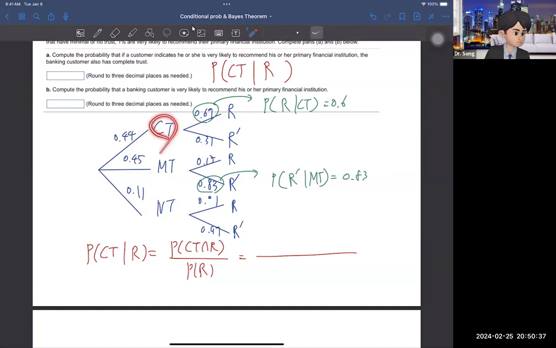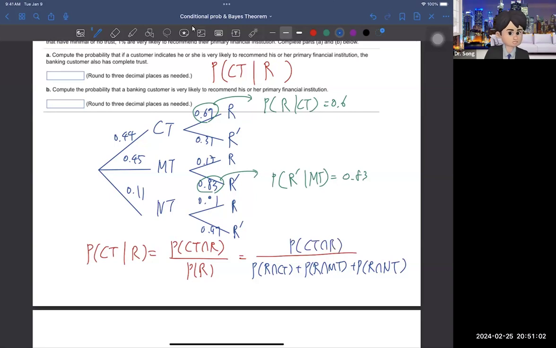The one is by the complete trust, the second one is by the moderate trust customer, and the last one is by a no trust or minimal trust customer. So that is the probability of recommendation and complete trust, the probability of recommendation and moderate trust, and the probability of recommendation and no trust, minimal trust guy. So this one is the answer, right?